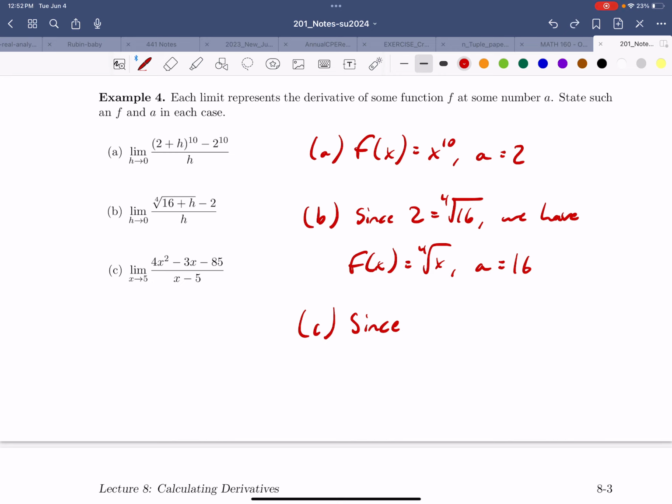But you might guess, since I guess you could say, 4 times 5 squared minus 3 times 5 equals 85, we have, I guess I can put it up here, right? f of x equals 4x squared minus 3x with A equaling 5. Okay, that's what we've got.